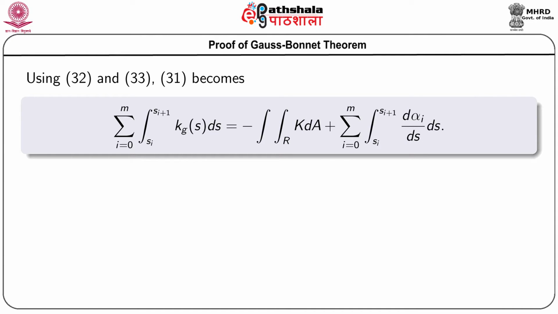So, using 32 and 33, equation 31 becomes: the summation i equals 0 to m of the integral from s_i to s_(i+1) of kappa_g(s) ds equals minus the double integration over R of k dA, plus the summation i equal to 0 to m of the integral from s_i to s_(i+1) of d alpha_i/ds ds.